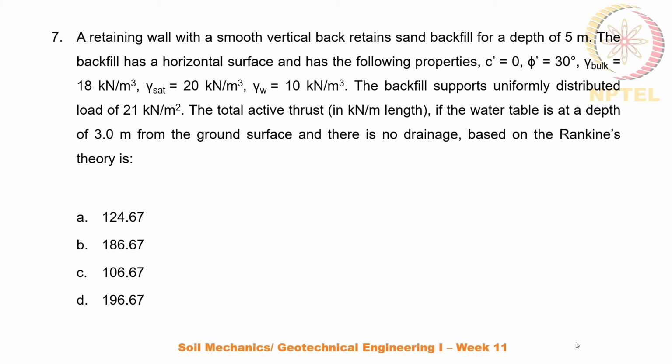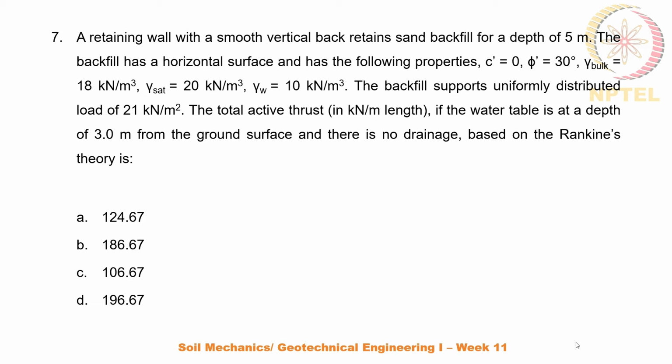A retaining wall with a smooth vertical back retains sand backfill for a depth of 5 meter. The backfill has a horizontal surface and has the following properties. c dash is equal to 0 because the backfill is sandy soil. Phi dash is equal to 30 degrees. Bulk unit weight gamma bulk is equal to 18 kilonewton per meter cube. Saturated unit weight gamma sat is equal to 20 kilonewton per meter cube.